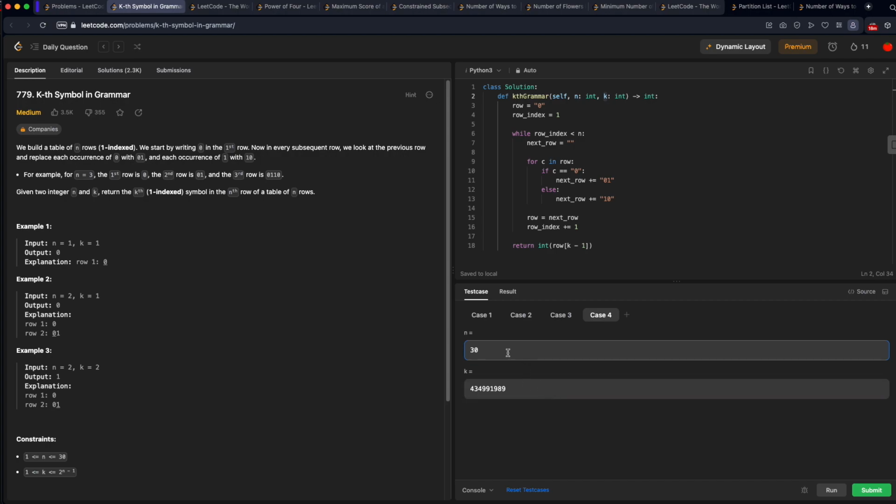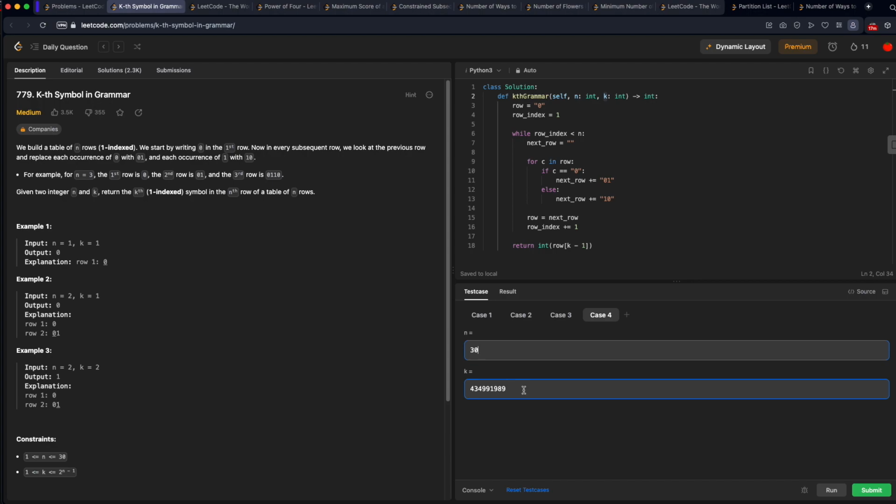But since we know how many characters are in that row, we know half of them are a result of going to the left at the very beginning, and half of them are a result of going to the right at the very beginning. So our tree will lead down to one of these characters. So all I have to do to figure out is if I have 2 to the 29 total leaf nodes, total characters in this row or in this level, where does K fit in? Is K in the left half or in the right half of that level?